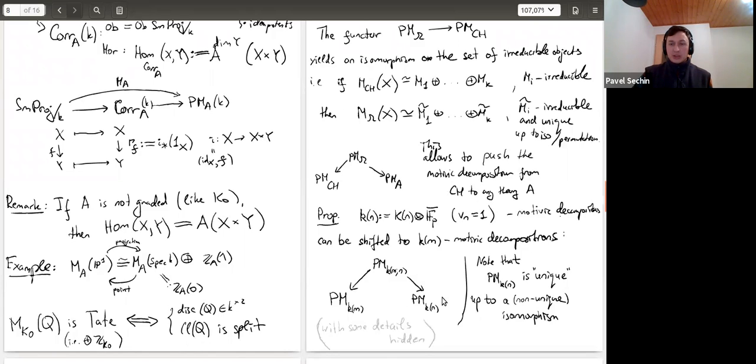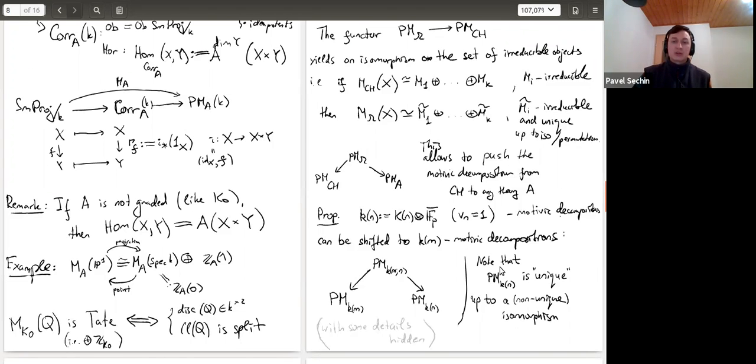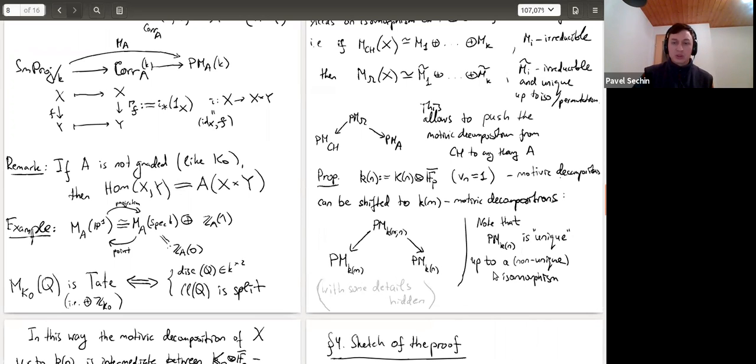But what we would like to say here is that for Morava K-theories, there is a similar phenomenon, and precisely it says that the motivic decompositions over nth Morava K-theory can be pushed to motivic decompositions in K of M Morava K-theories where M is less than N. Oh, again, sorry, it's not written here.